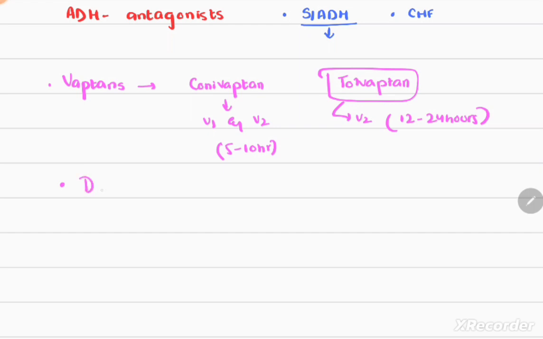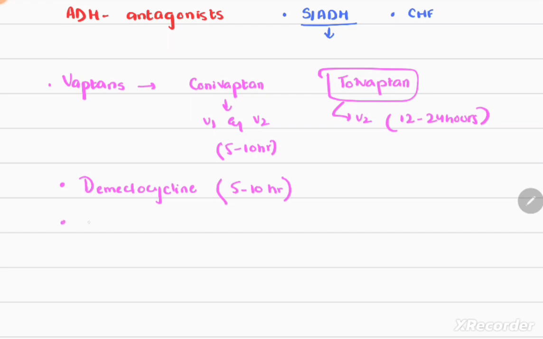It is known as demeclocycline. The names are a bit difficult to remember, but if we go through them two or three times, it will be easier to remember. The tetracycline has a duration of action which lasts around 5 to 10 hours.